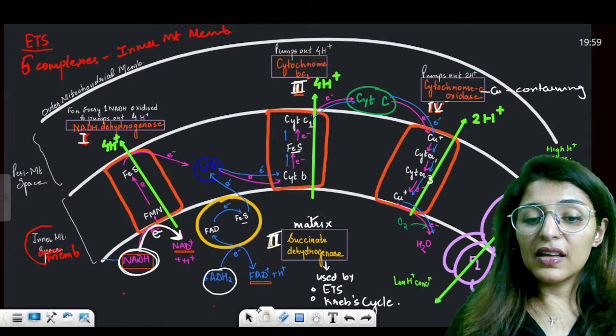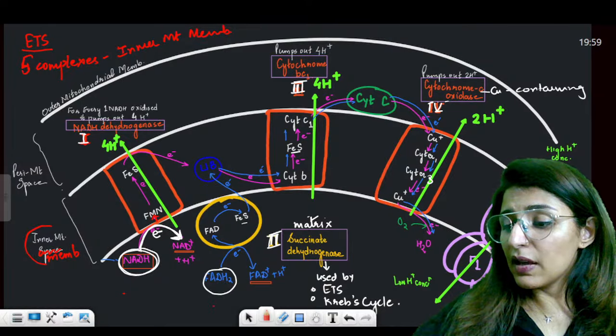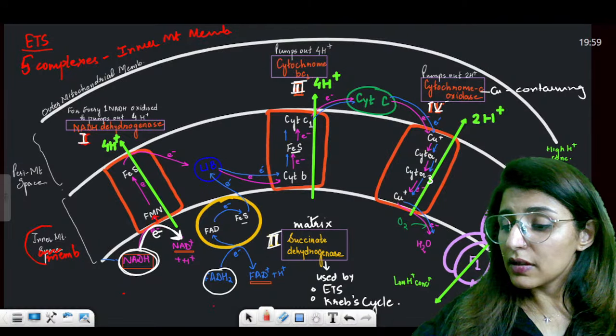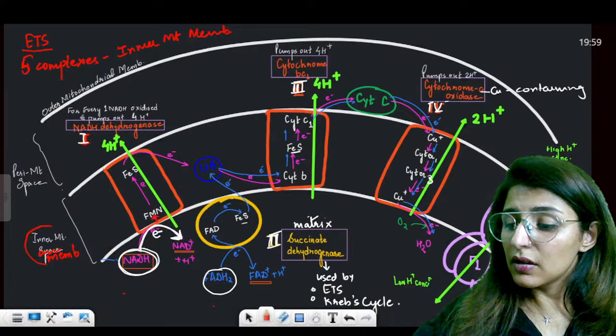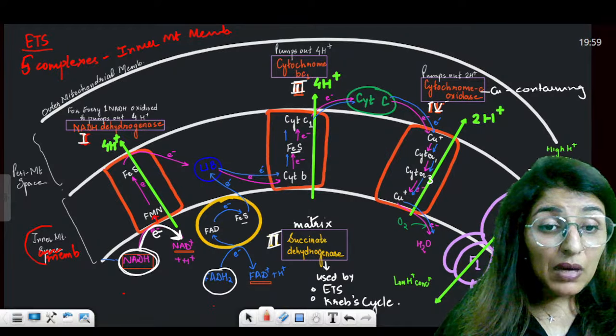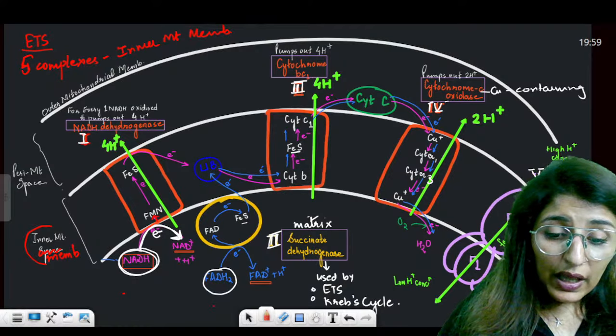It is picked up by FMN. Yes or no? Now, this FMN is going to pass that electron to FES.